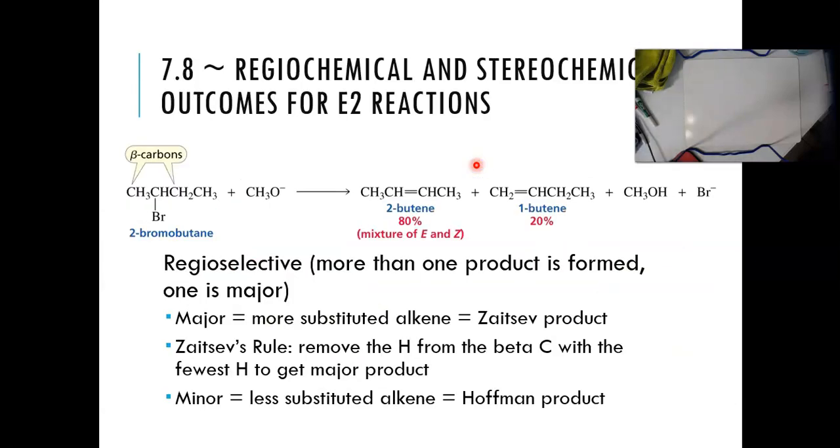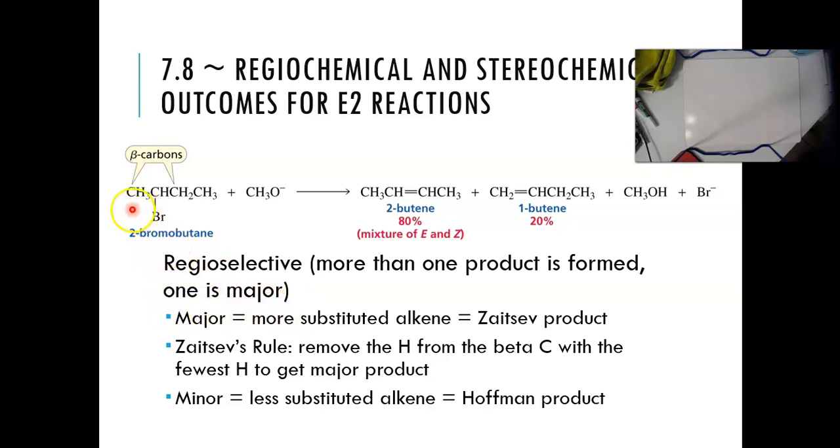Now, one of the big things we need to discuss with E2 reactions is regioselectivity and stereoselectivity. Regioselectivity is when more than one product is formed, but one of them is a major product. So here's our example.